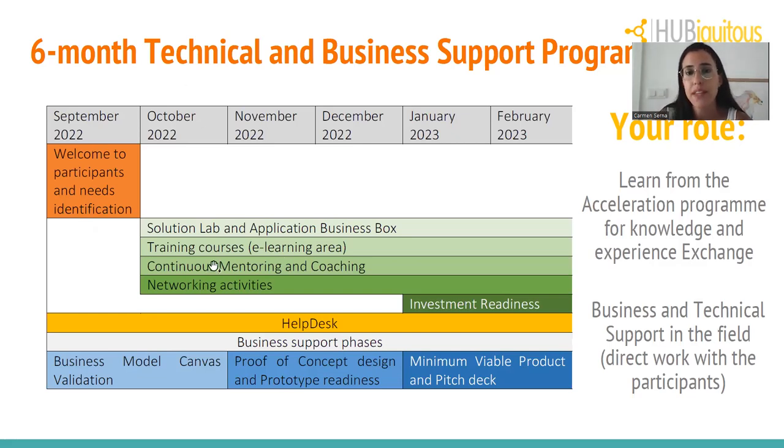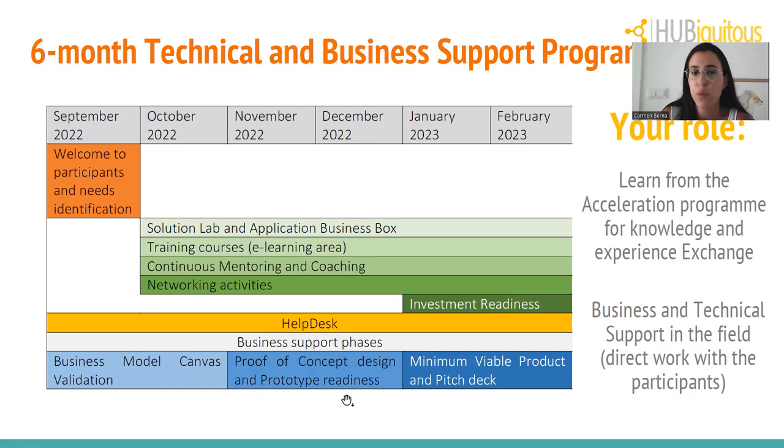And the idea during the 6 months is to provide you, the selected applicants, with the different tools that we have developed in the HUBiquitous project, that are the solution lab, application business boxes, different training courses, access to this pool of mentors, also participation in networking activities, and get the participants ready for an investment readiness phase.